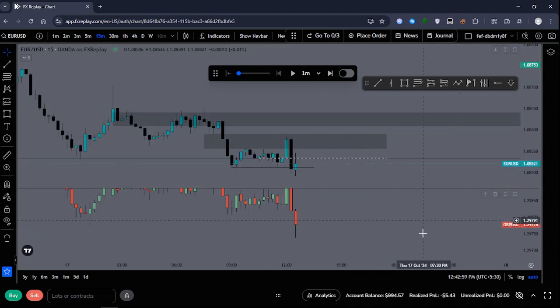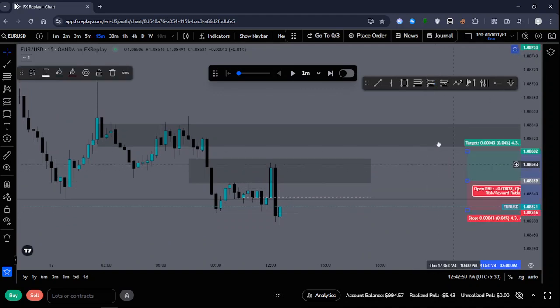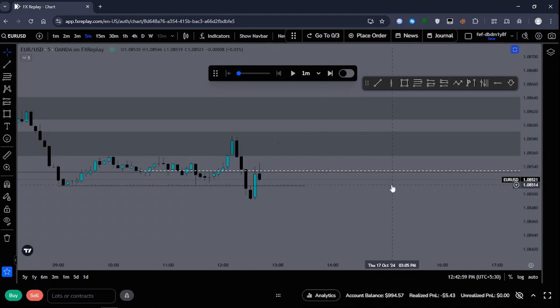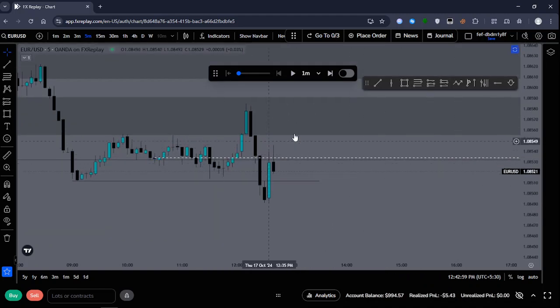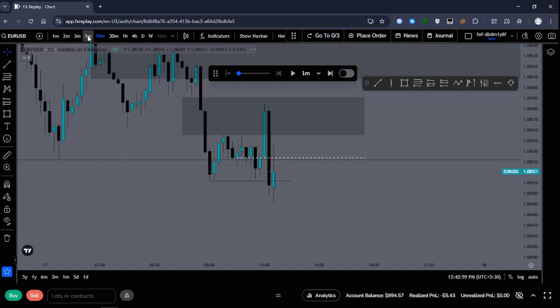What you can look to see here is, looking at the 5 minute, understand the lower time frame perspectives. Are we respecting these levels? Maybe we are respecting these fair value gaps. I really don't like it though.